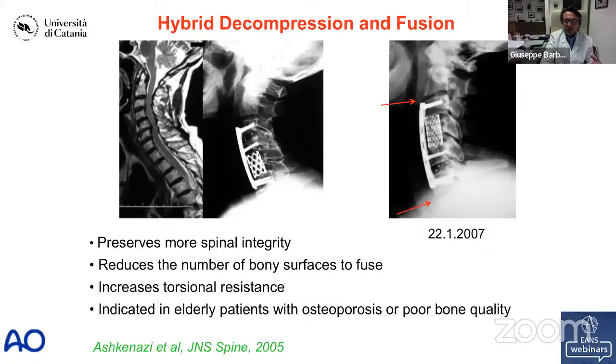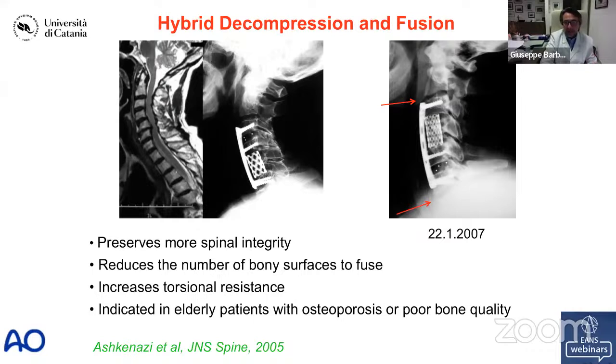And I would like to draw your attention to this other option, which again is a hybrid technique, which was published in 2005 by our Israeli colleague Ashkenazi. And he proposed to combine somatectomies with ACDF at different levels, as you can see in these pictures.